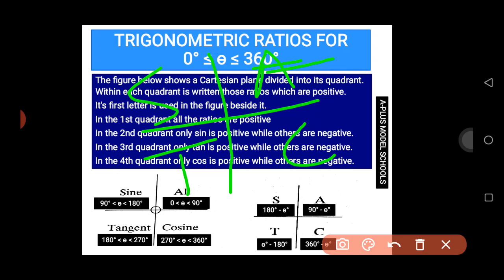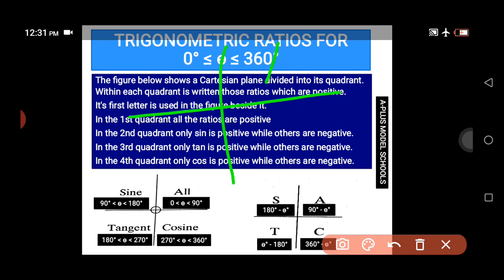Fourth quadrant, only cos is positive. Third quadrant, only tan is positive. And in the second quadrant, only sine is positive. So if I want to remember this, this is the logic I use: once I draw the four quadrants, I just start with A, C, T, S.